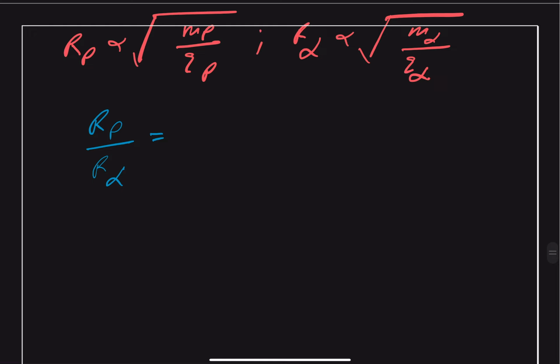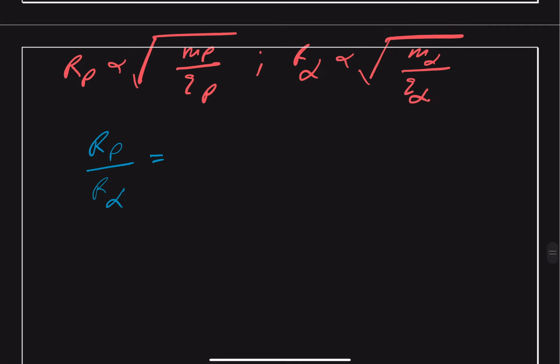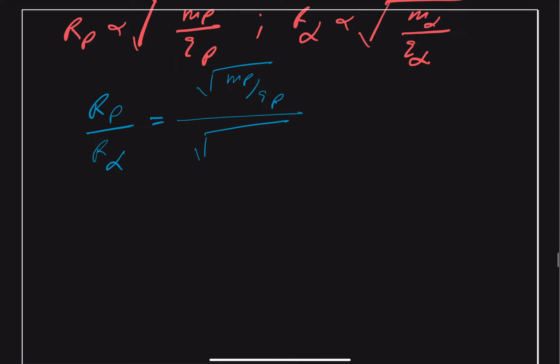So taking the ratio rp upon r alpha, this will be giving us square root of mp upon qp over square root of m alpha upon q alpha.